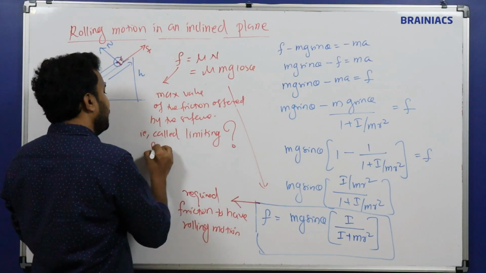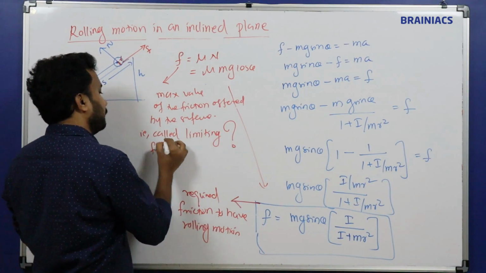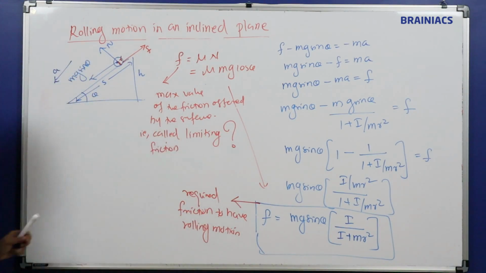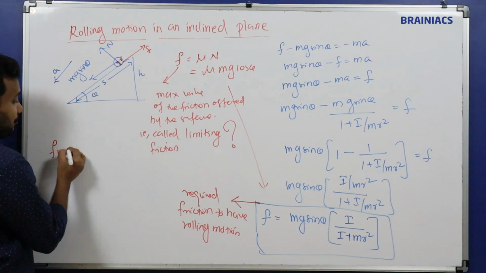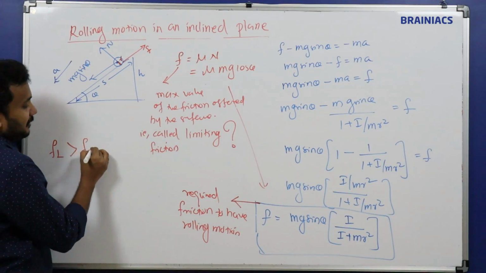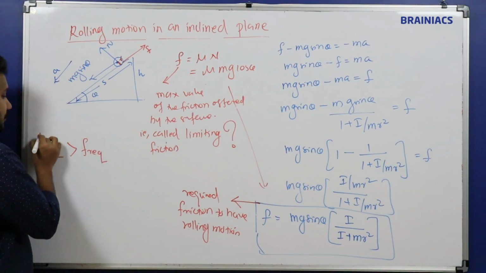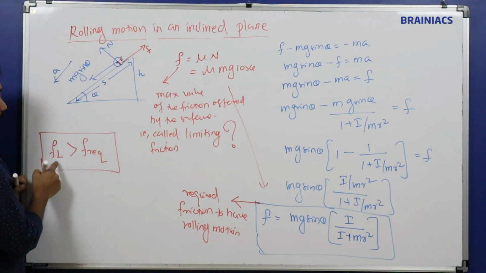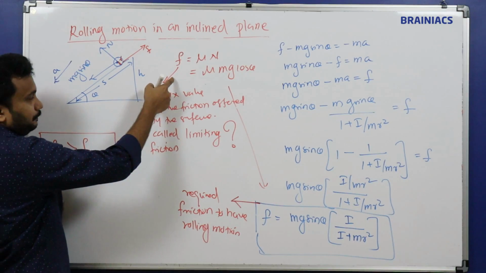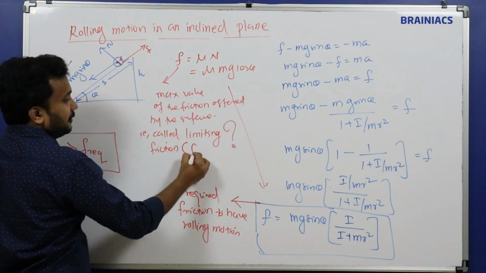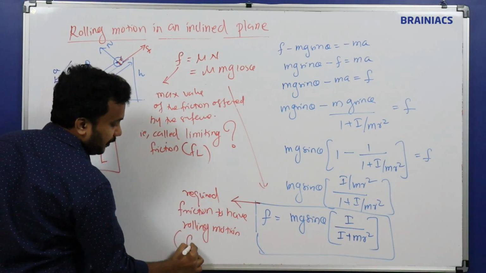So definitely the limiting friction FL value must be greater than the required value. This is called the limiting friction FL. This is called the required friction.